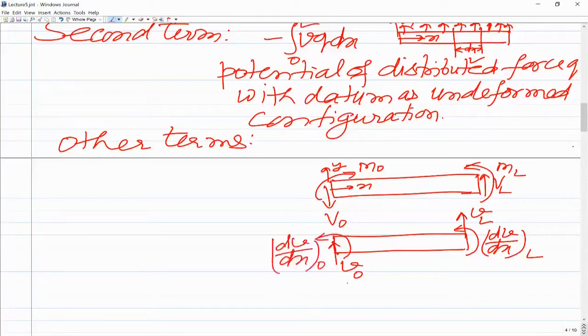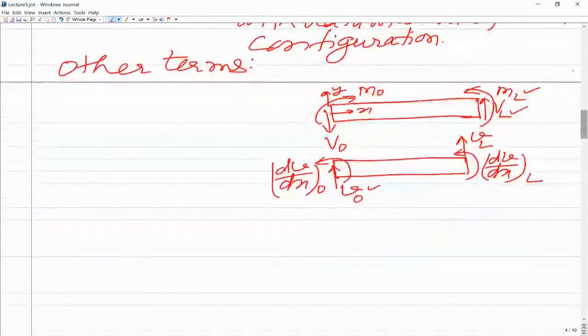So these are the deflections, and depending on the boundary conditions, say for example, if we have a cantilever beam, with the left end fixed, then small v naught and dv by dx naught would be equal to 0 at the left end, and at the right end, since it is free, the shear force and the bending moment at the right end should be 0. So depending on the boundary condition, these terms can be 0 or non-zero. So I'm writing for a general case.